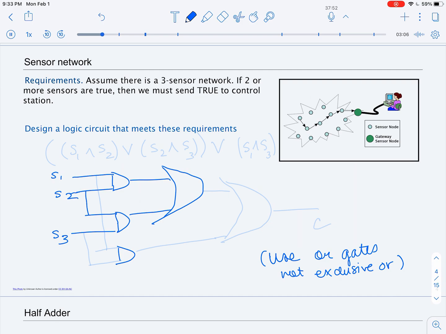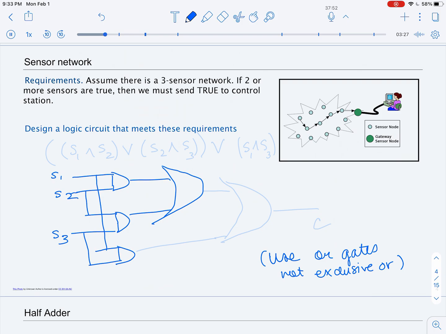But now we also have to consider, so we've considered S1 and S2, then S2 and S3, but we still have to consider S3 and S1. So I'm going to draw a line here, and usually there is a little bit of a curved line when you're crossing the wires, but I'm not going to put that.